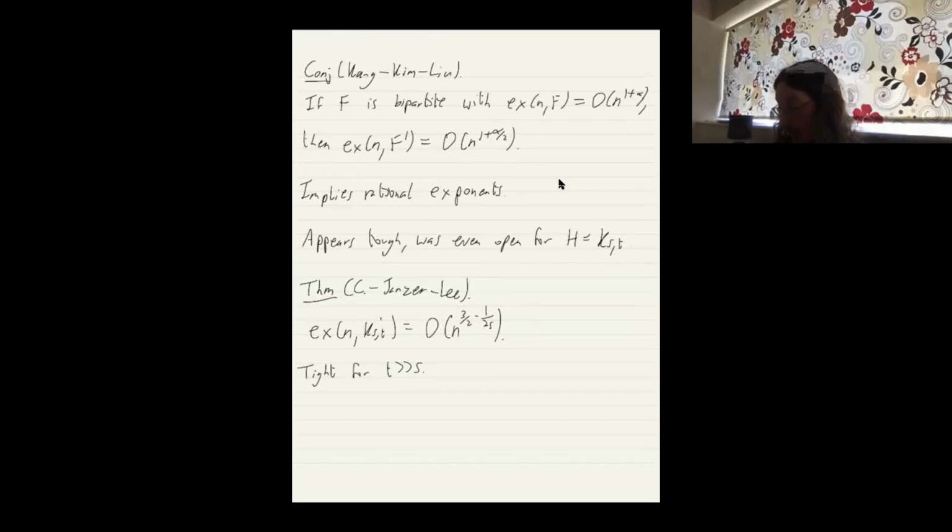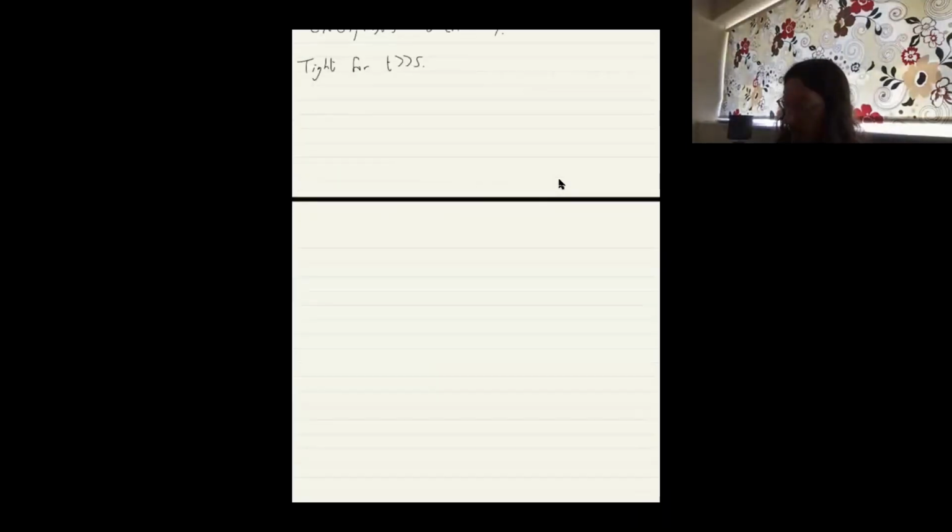So one thing here, this is a specific graph where we get that the exponent is actually 3/2 minus 1/2s. So let's say that a rational, or an element of Q, is realizable if there is a graph H such that the extremal number is n to the r.